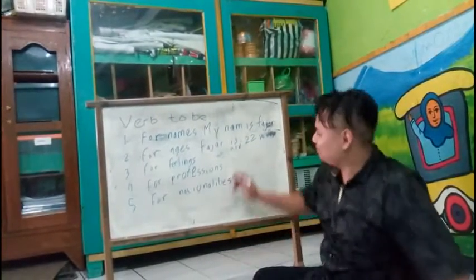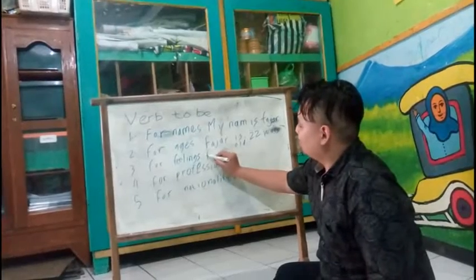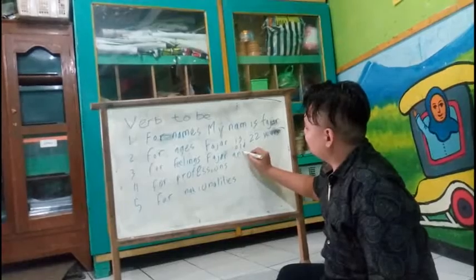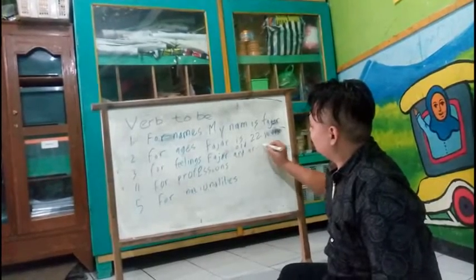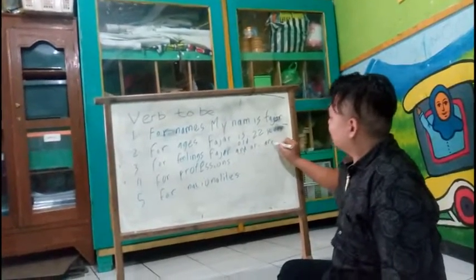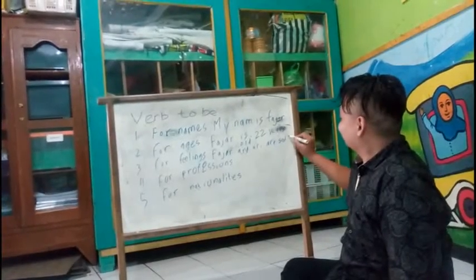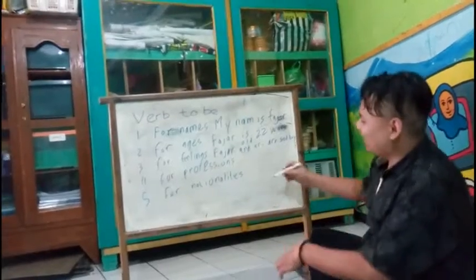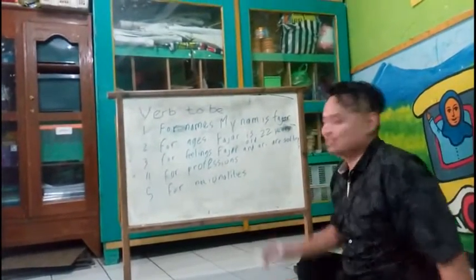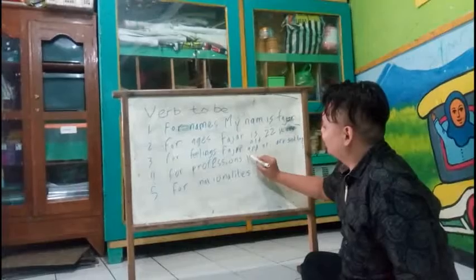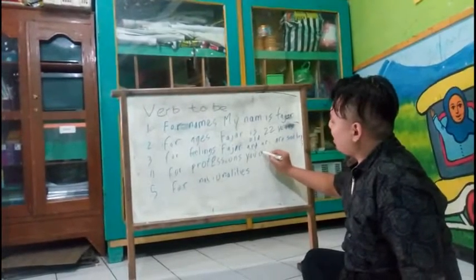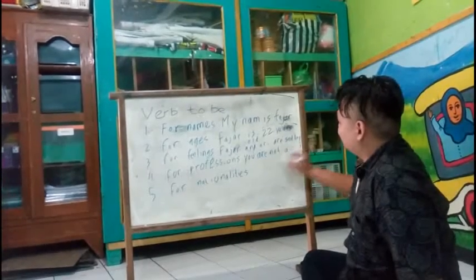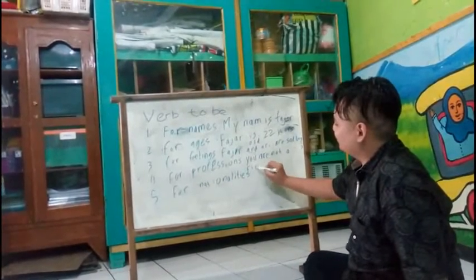For feelings, Fajar and Ari are sad boys. Okay, and then for profession, you are not a Richmond.